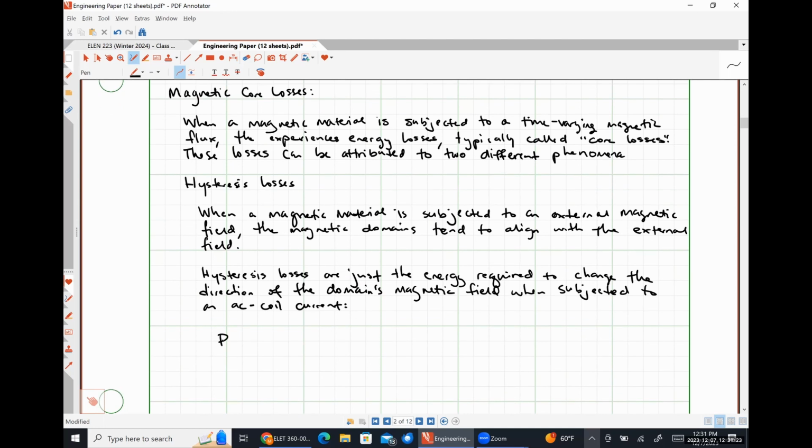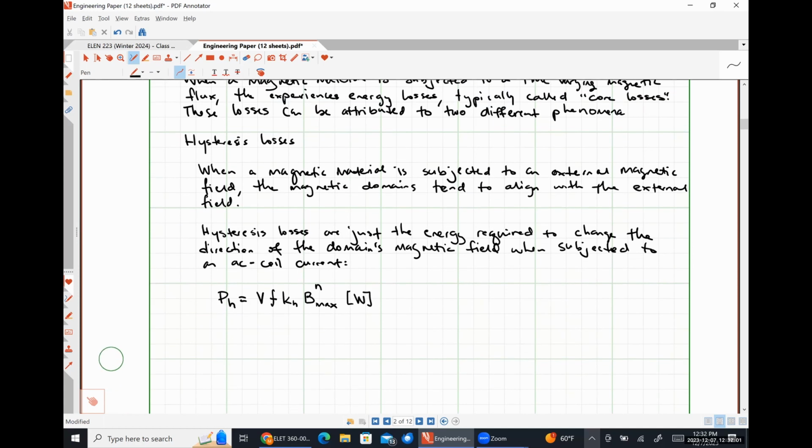And so I'm going to hit you guys with an equation now. P subscript H, so power subscript hysteresis, is equal to capital V, lowercase f, K subscript H, B subscript max raised to the nth power, measured in watts, where V is the volume of the core material measured in cubic meters.